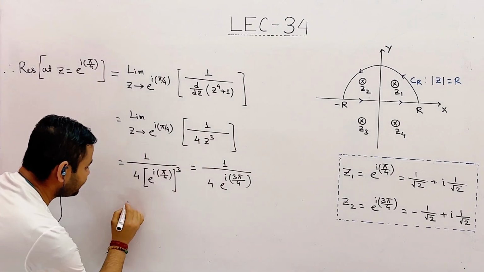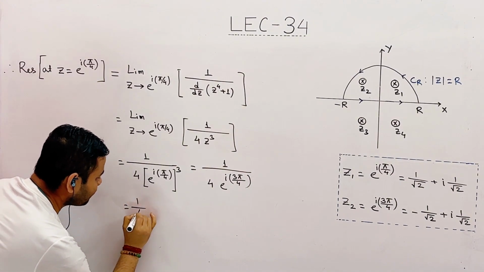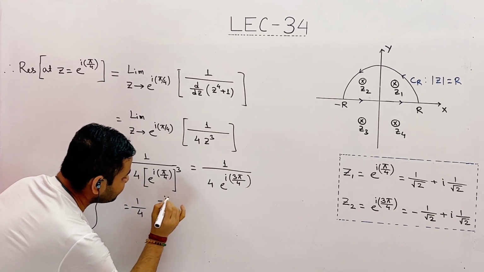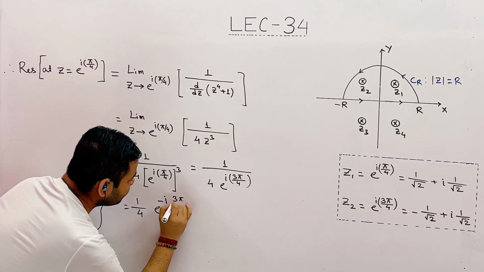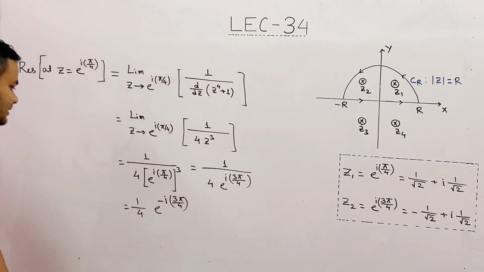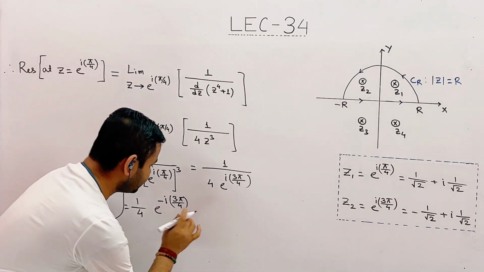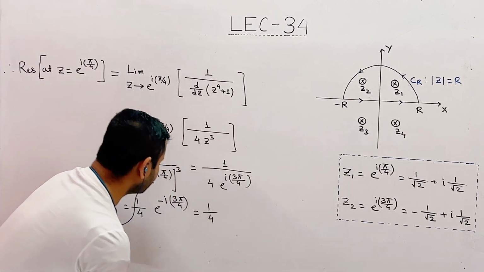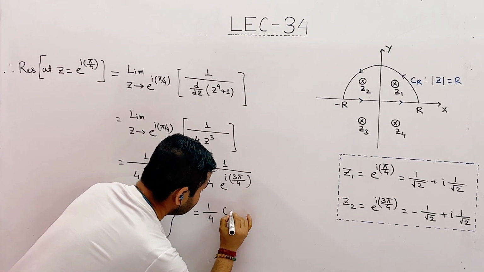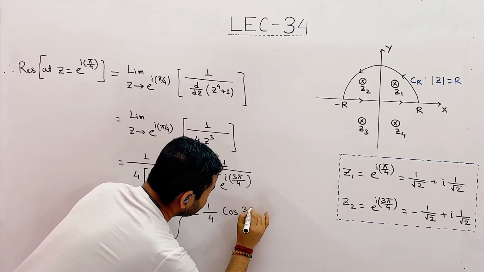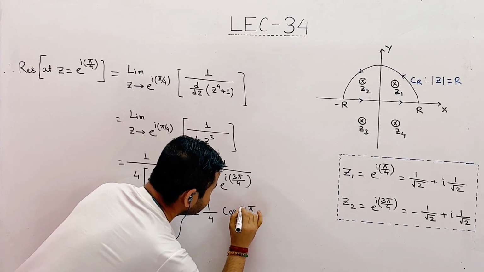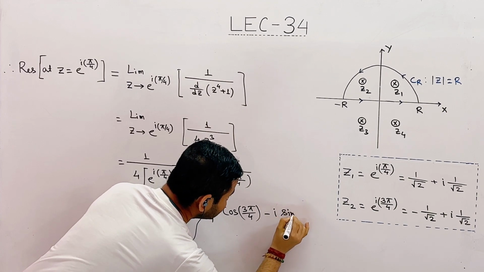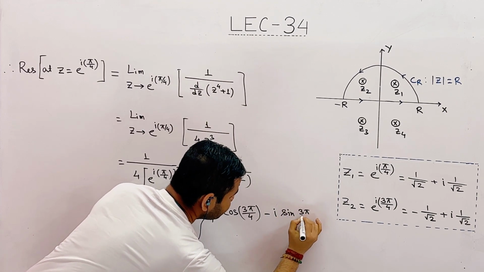So, this term can be written as 1 by 4 into e to the power minus iota into 3 pi by 4. Next, let us apply de Moivre's theorem. So, after applying de Moivre's theorem, we will get 1 by 4 into cos 3 pi by 4 minus iota into sin 3 pi by 4.